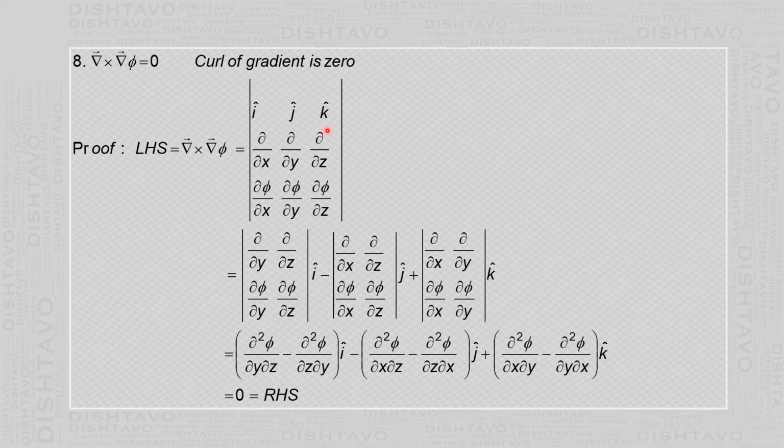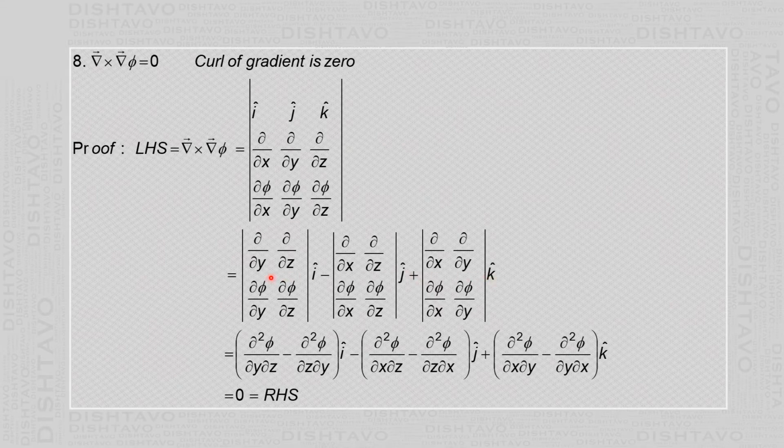Convert this 3 by 3 determinant into 2 by 2 determinants. Multiply the coefficients of the first row i, j, k with alternating signs. So the multipliers here are plus i cap, minus j cap, plus k cap.